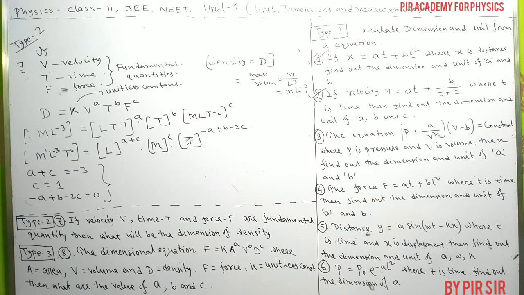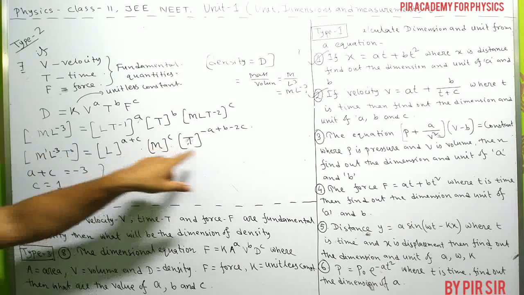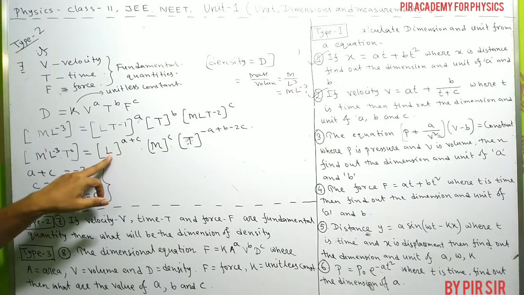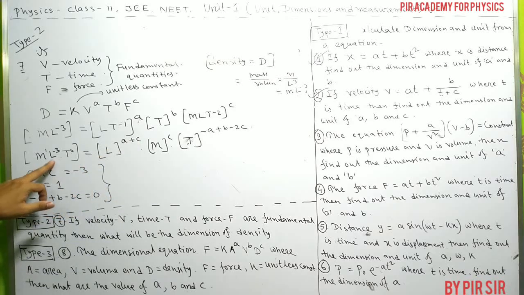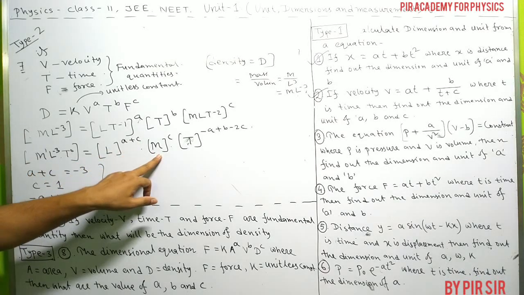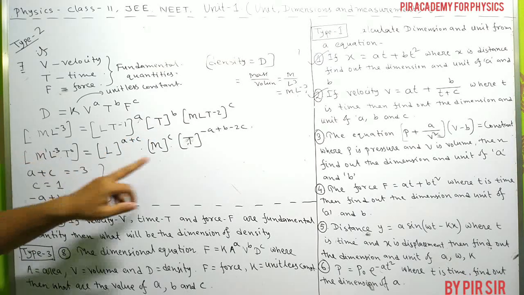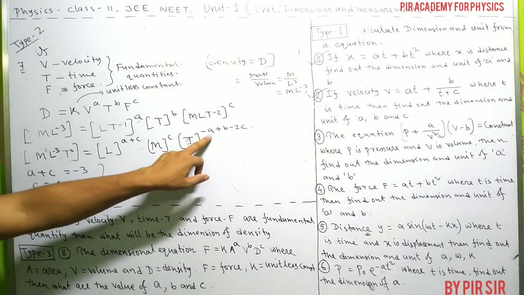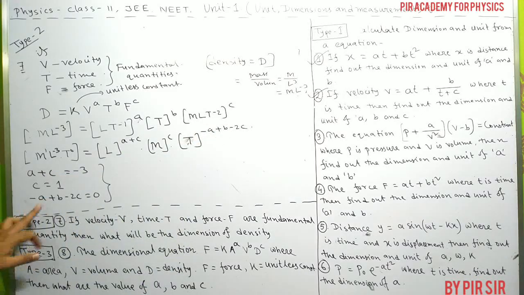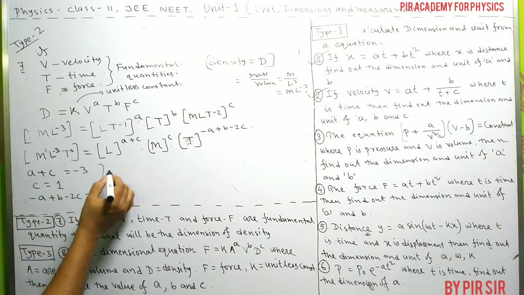Here I compare the power of this side and this side. The power of L is A plus C and here the power of L is minus 3. This must be equal. The power of M is C and here it is 1, that means C equals 1.